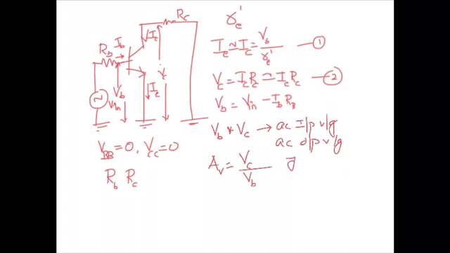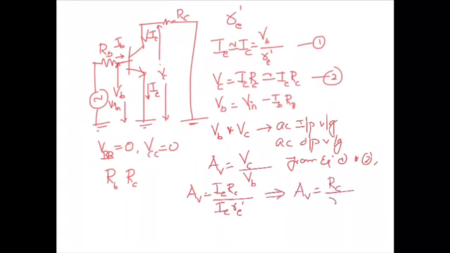Now from equations 1 and 2, if we do the substitution, AV will be equal to IE into RC divided by IE into RE bar. This in turn results in the voltage gain AV equal to RC divided by RE bar. In this expression, RC is very much greater than the AC emitter resistance.